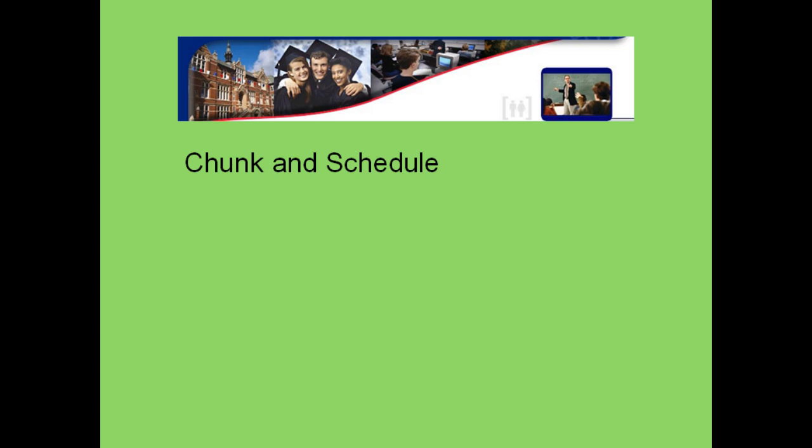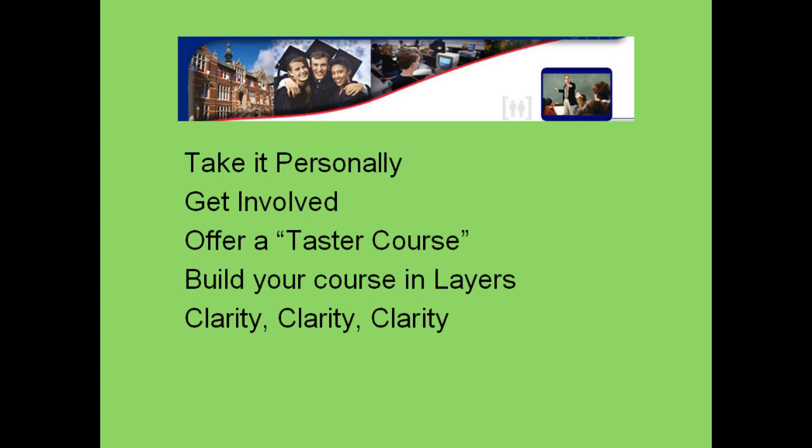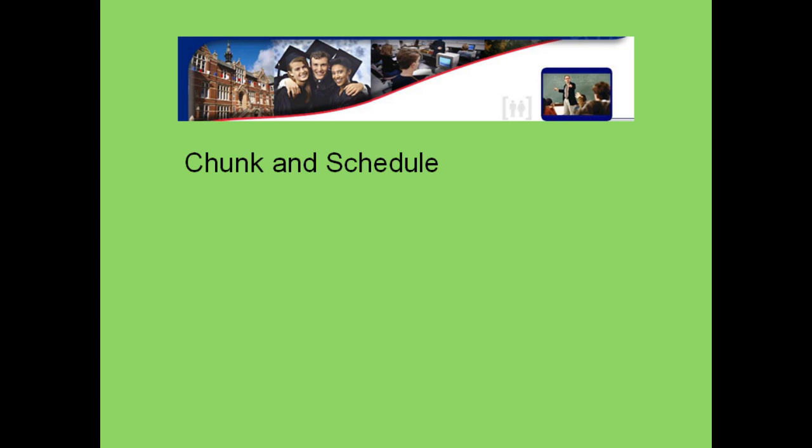Also provide very specific instructions on how to take your course and how they should interact with you and their fellow students. Do not assume that all students have the same facility with technology that you do. So keep the instructions simple and specific.